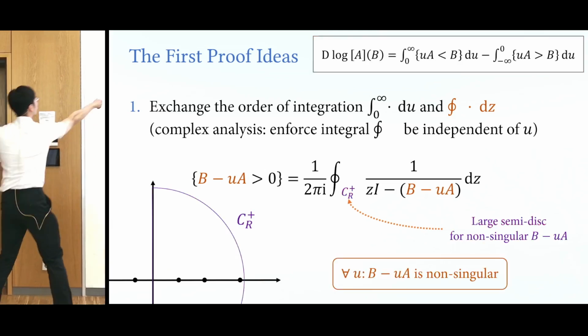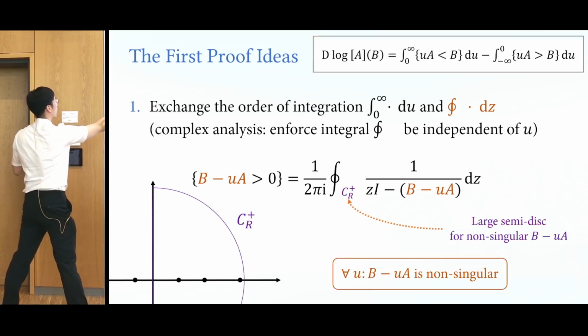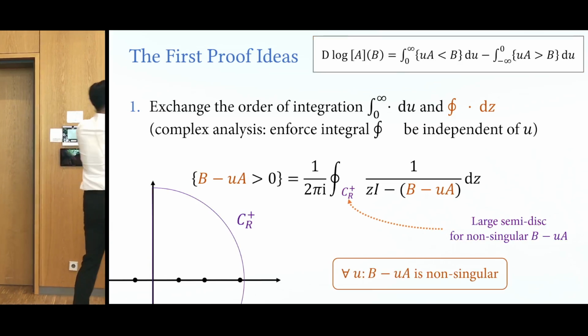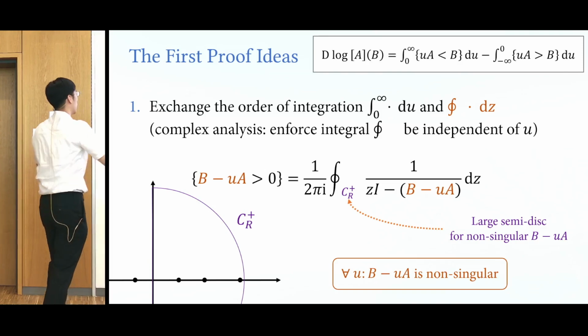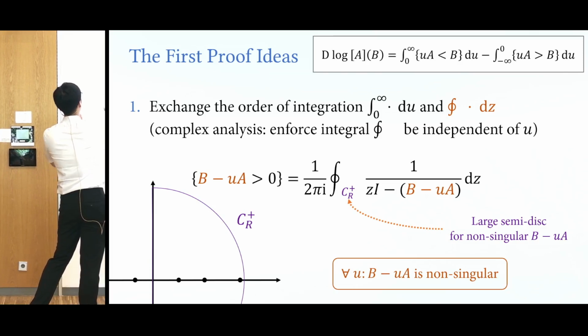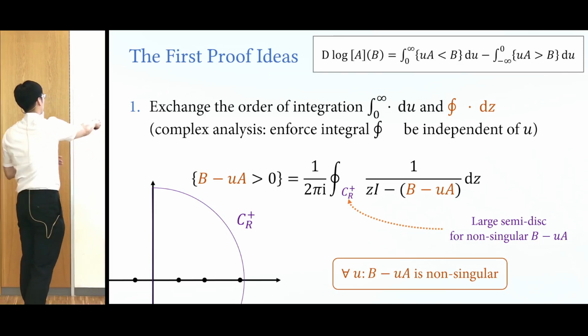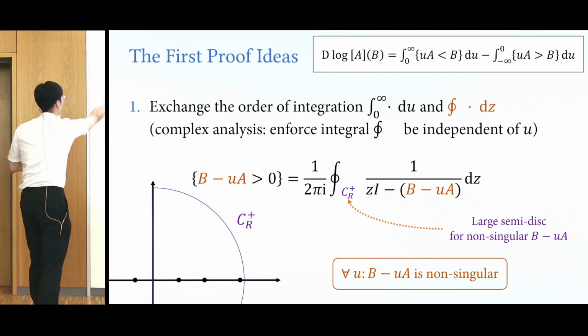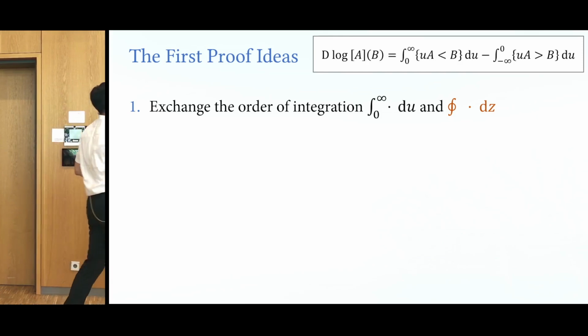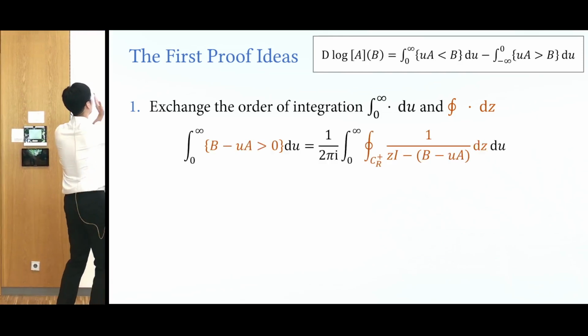We want to enlarge this region to some r, big enough to cover the rightmost eigenvalue. So still, by complex analysis, it's also true for all u such that it's non-singular, the pole doesn't touch the origin, so it's like a semi-disk on the right side.